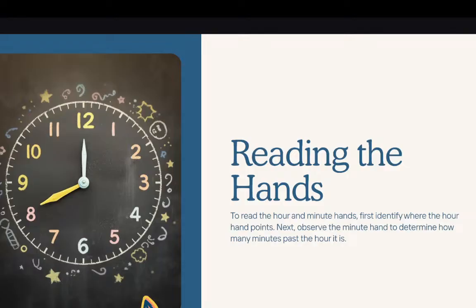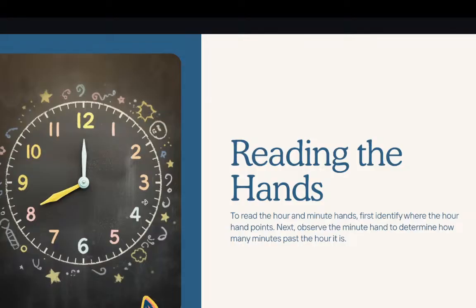For example, if the hour hand, the smaller hand, is in between 3 and 4, that means the time is still in the 3 o'clock hour, because it passed 3, but it has not passed 4.